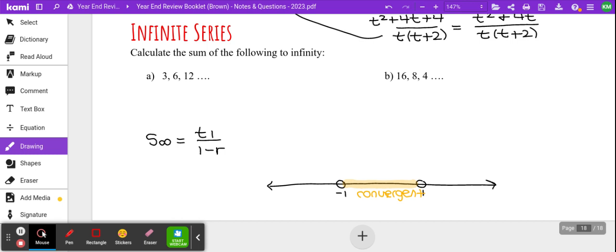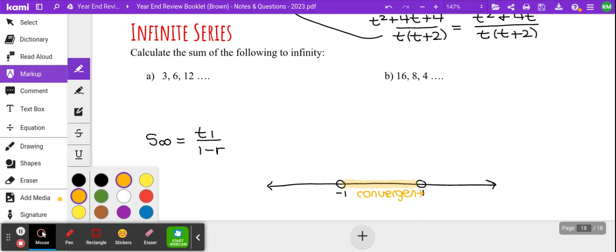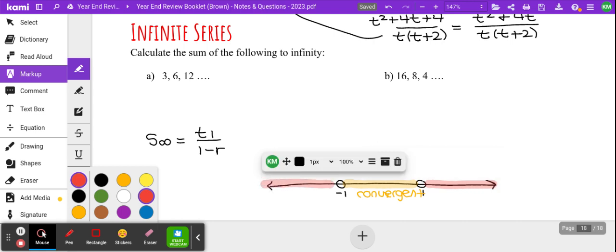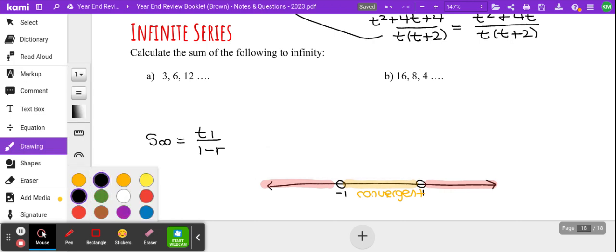On the outside is the other version. It is divergent. If it is divergent, it says don't. Now, those are not mathematical terms, my friends. Those are just ways that Mrs. Brown remembers it. You can remember it your own way as long as you remember it.